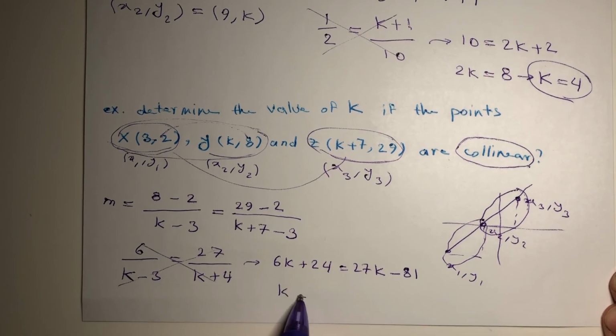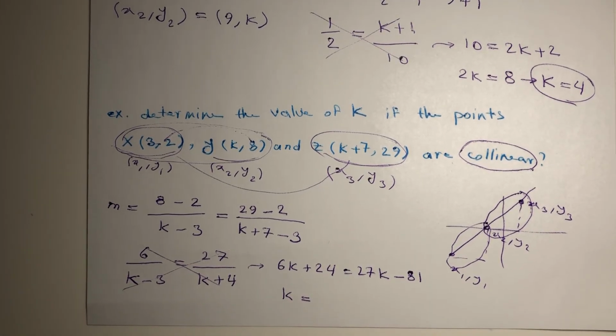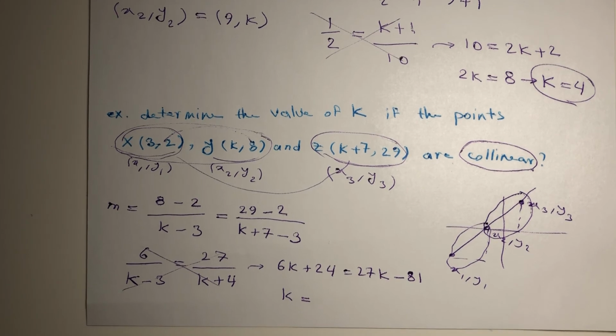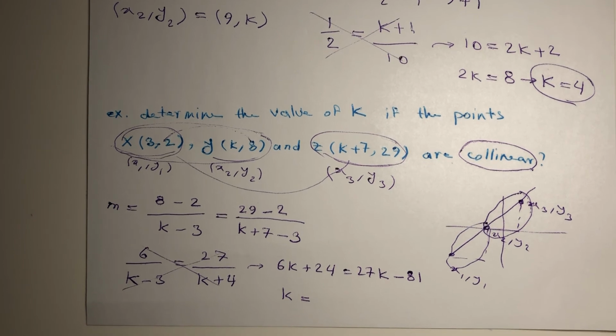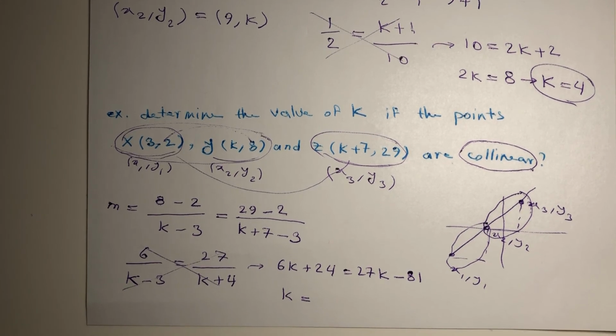Then from here, if you solve this equation, it would be 21k equals 81 plus 24. 81 plus 24 is 105, and this divided by 21 would be 5.